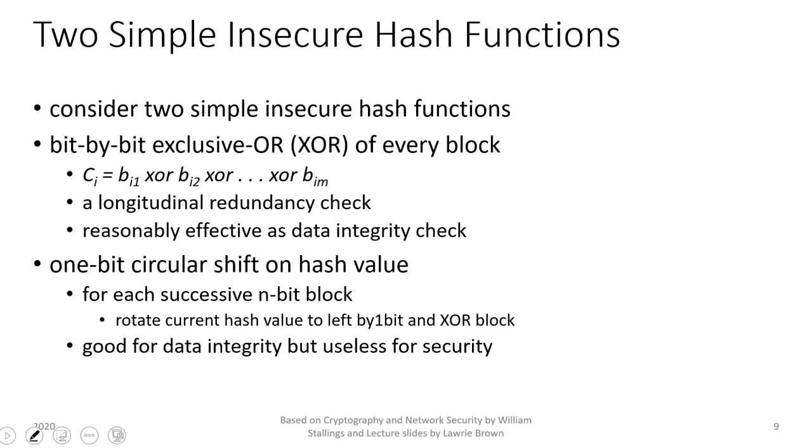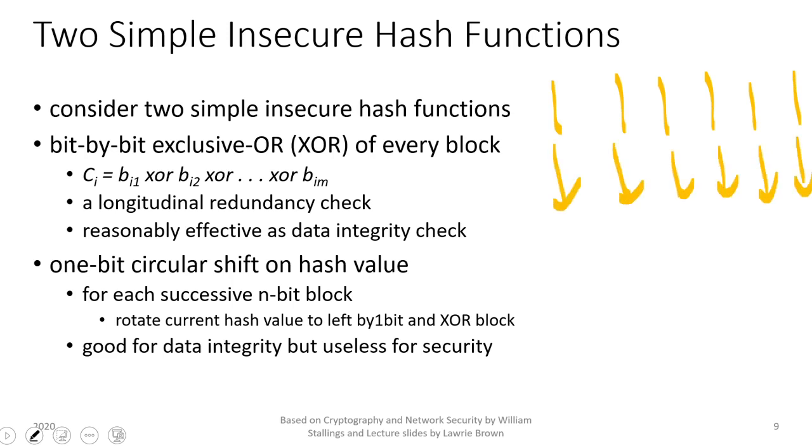If we have a number of bits in a block, then we can do an XOR for each of the bits and combine that into a hash function, or something like a 1-bit circular shift. These are simpler functions, but they are not useful as a security mechanism because they are very easily reversible. So they don't provide the same requirements that we expect from hash functions.